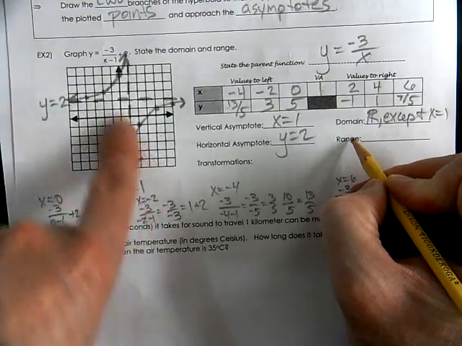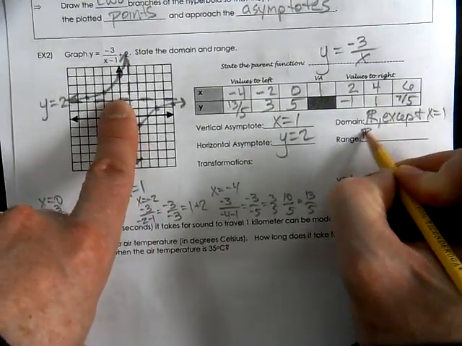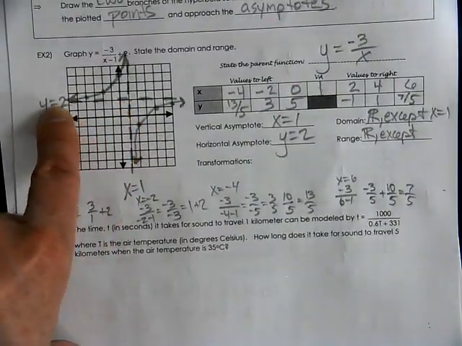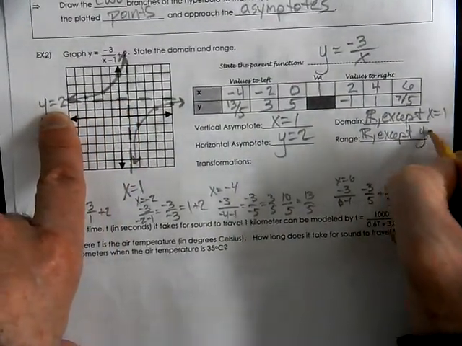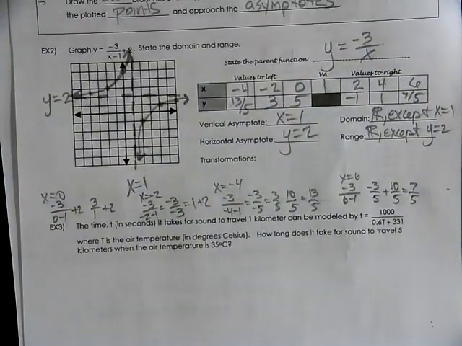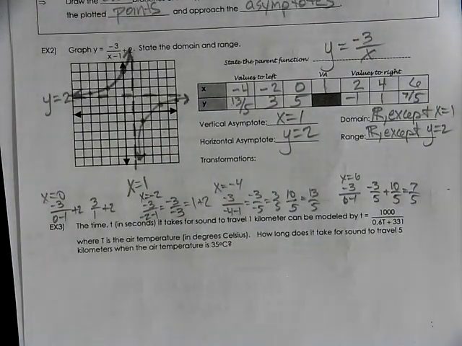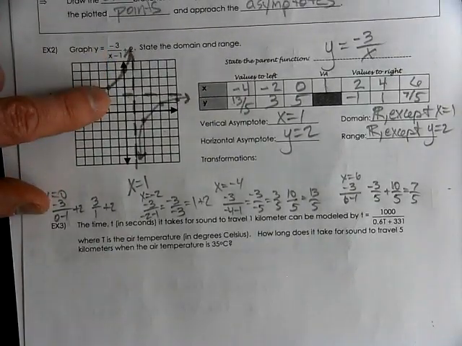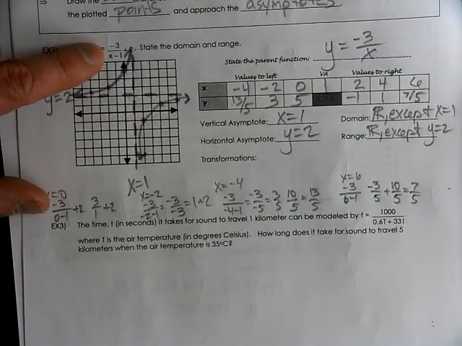And our range, the y values, are all real numbers except y equals 2. That's the value you can't get.